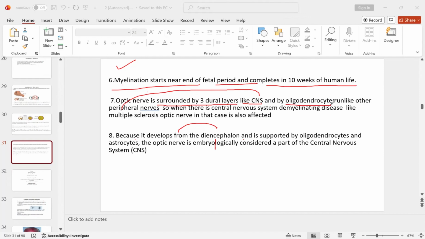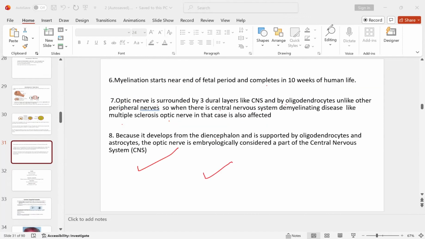So these three are the characteristics that make optic nerve able to be considered as a part of central nervous system, while the rest of the cranial nerves are considered as a part of peripheral nervous system. As we know that optic nerve is a part of central nervous system, any disease that is demyelinating or affecting the central nervous system, just like multiple sclerosis does, the optic nerve is also affected or damaged in such diseases.